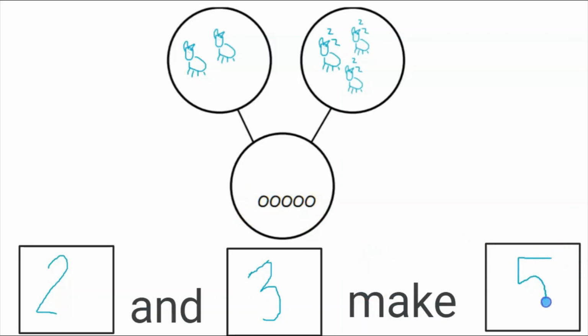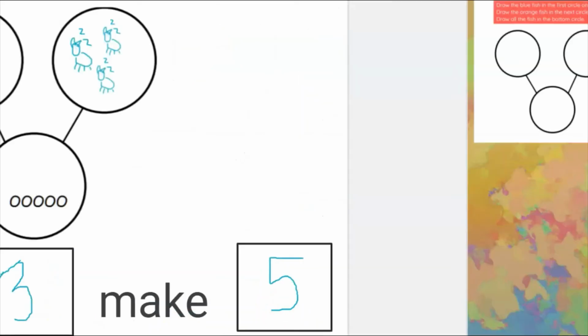Make 5. These are our parts. This is our whole. Our 2 parts make up our whole. We've been able to break the number 5 into 2 parts. We know 2 and 3 make 5.